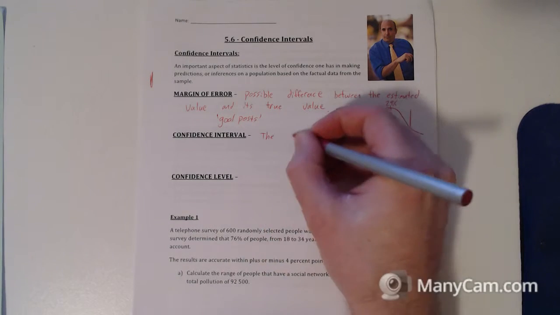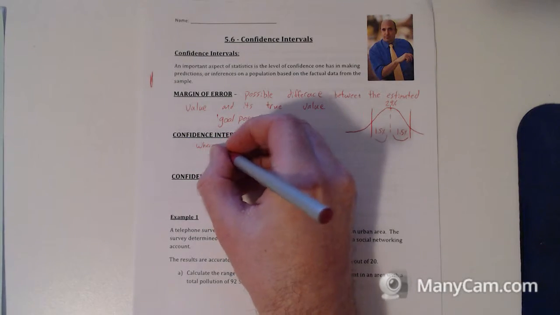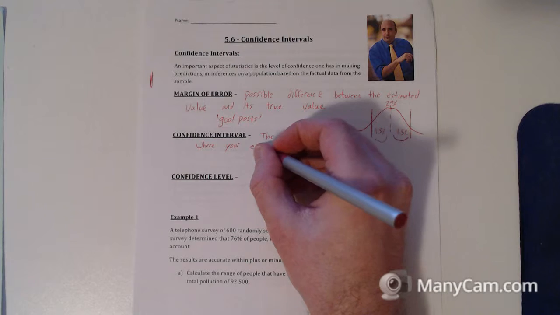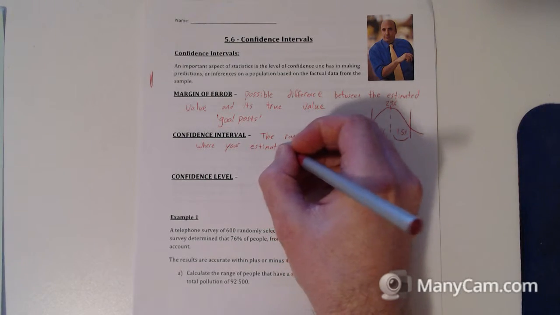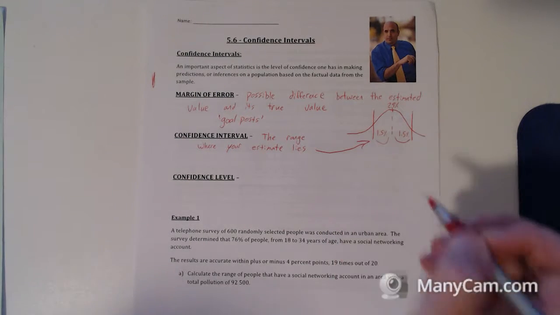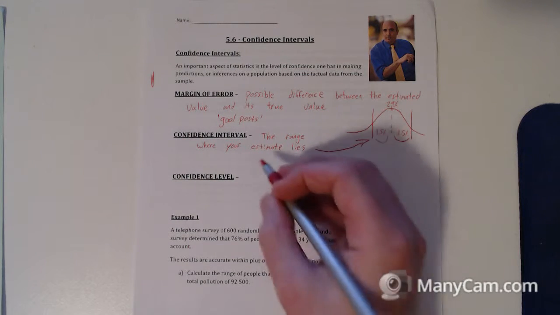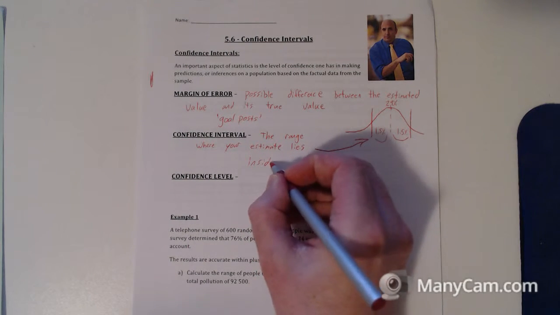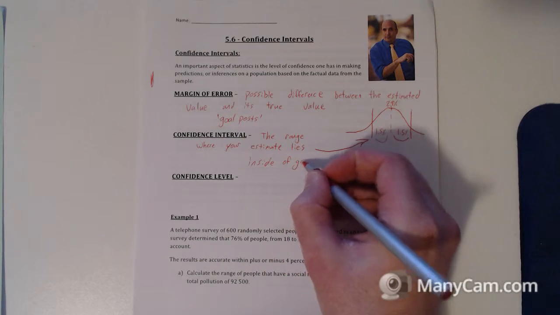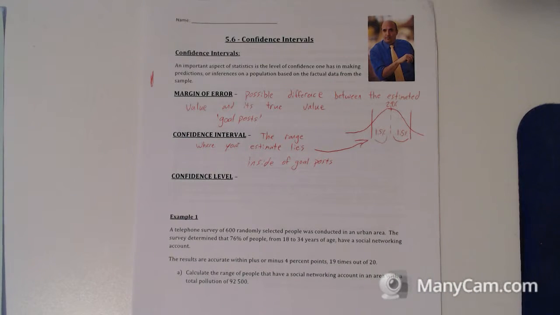That's the amount of data that's inside your goalposts, basically. So the first one is how wide apart your goalposts are. The confidence interval is all the values that lie within your goalposts.